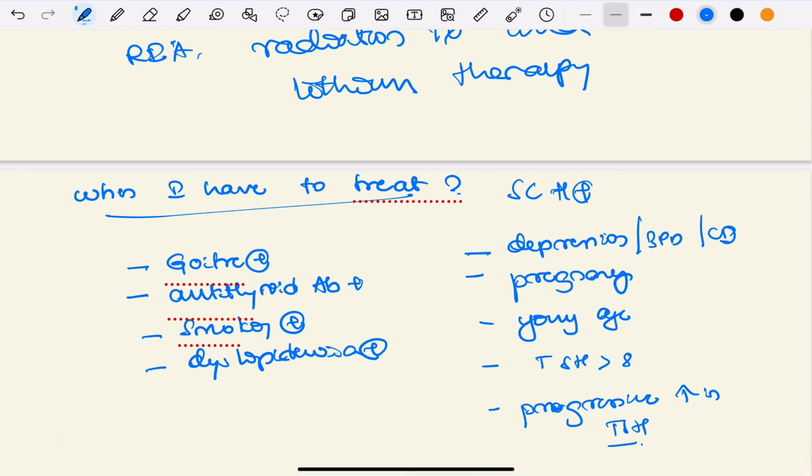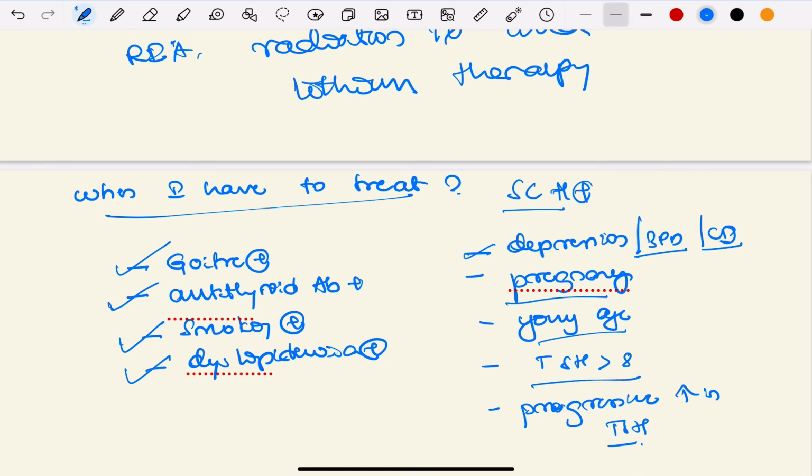A subclinical hypothyroidism patient having goiter, you can treat. Positive antithyroid antibodies, you can treat. If history of smoking and dyslipidemia is there, you have to treat. History of depression, bipolar disorder, cognitive dysfunction, and pregnancy or intention to get pregnant, you have to treat. And if the patient is young, you have to treat. And TSH value more than 8 in 2 readings, you have to treat.